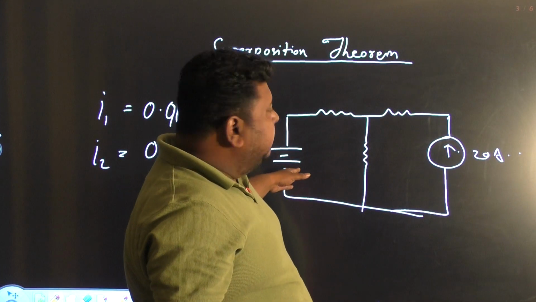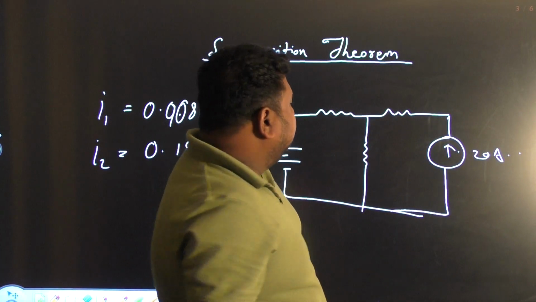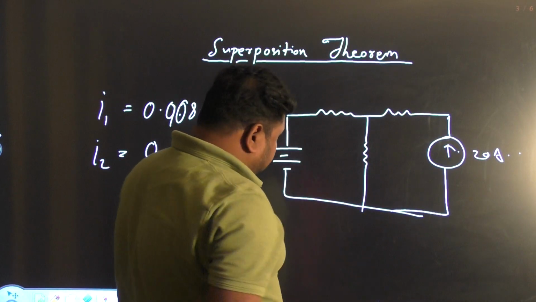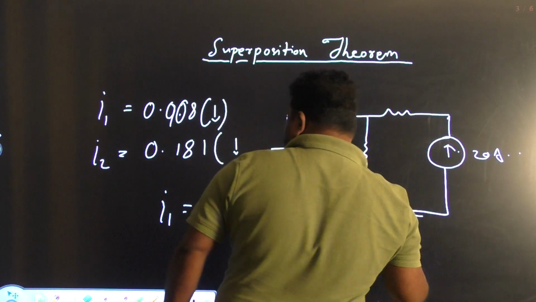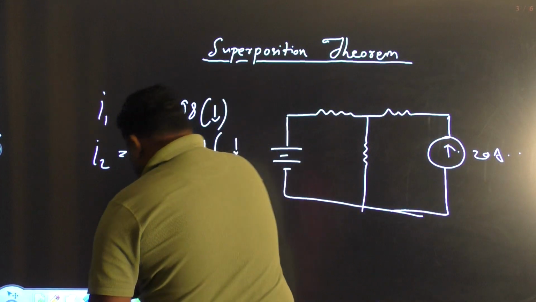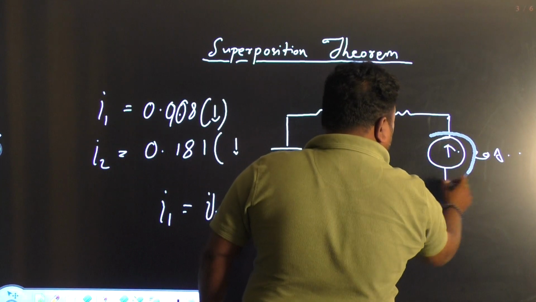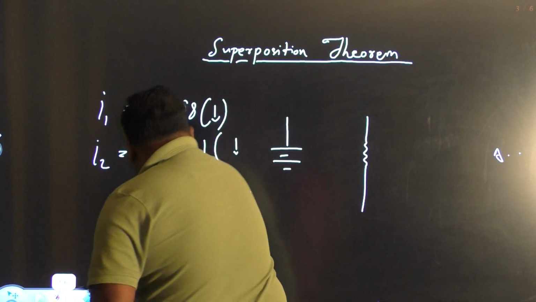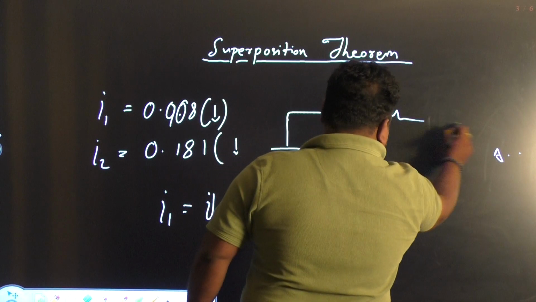Considering the voltage source means you have to eliminate the other source, and the other source is the current source. What I have told, if you are eliminating the current source, rather than short circuiting, you have to open circuit it. That means after open circuiting it, the circuit will be somewhat like this.